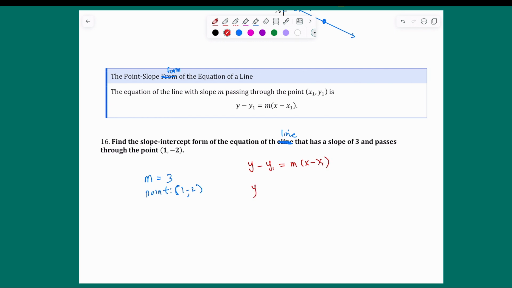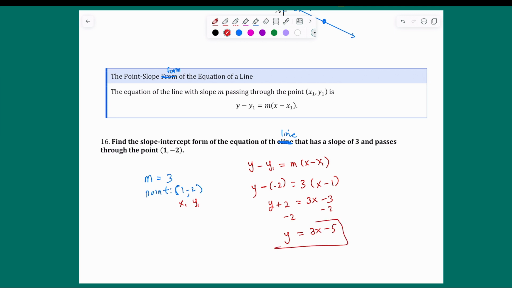This will be x1 and this is our y1, so we have y minus negative 2 equals our slope of 3 times (x minus 1). On the left-hand side, we simplify to get y plus 2. The right-hand side, we get 3x minus 3. Then we subtract 2 on both sides so we can isolate y to get 3x minus 5.